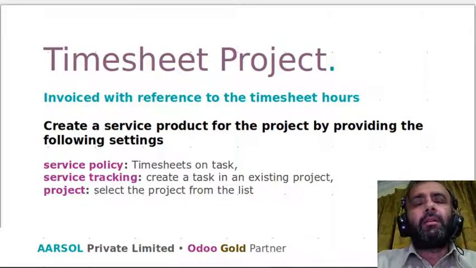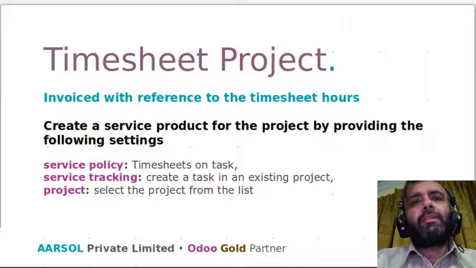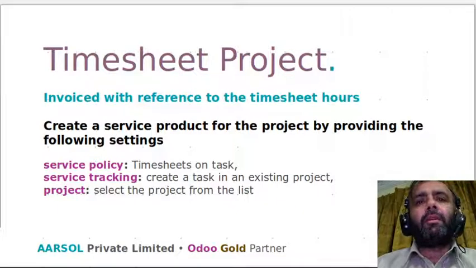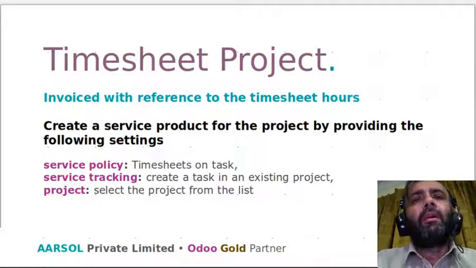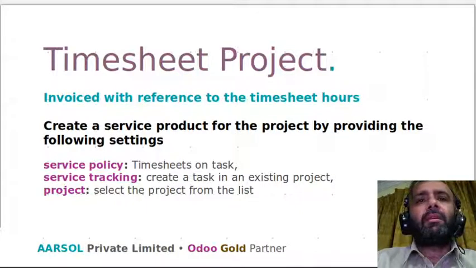Our service policy should be timesheet on task, and our service tracking will be create a task in an existing project, and then we select any existing project to fulfill that service tracking requirement. So these three settings we have to set.